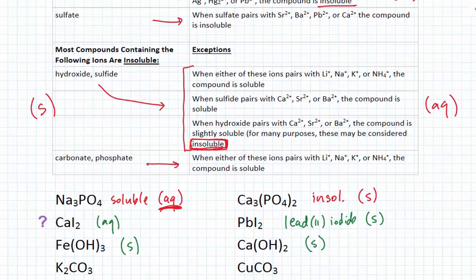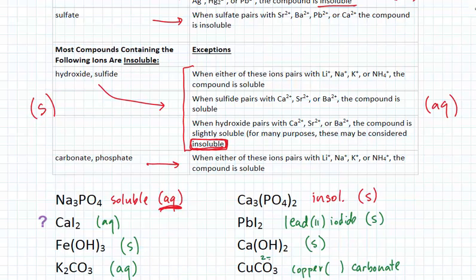Potassium carbonate. Very first rule, anything with potassium, AQ. Copper. I bet you might want to call that copper carbonate, right? But that's not quite right. Copper is variable charge, so it needs a Roman numeral. What's its Roman numeral? What's carbonate's charge?